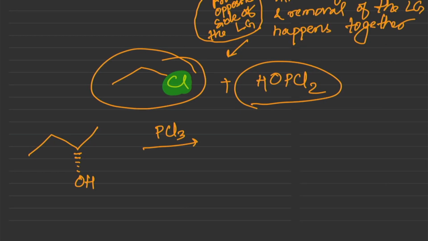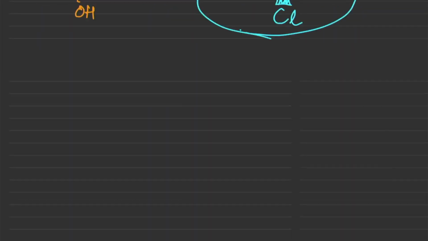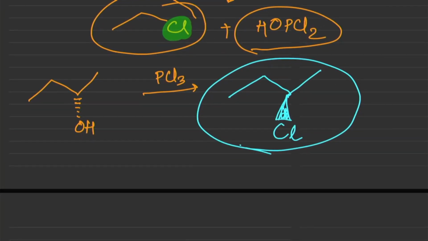So now we're going to have our product where the chlorine is approaching from the top and the leaving group has gone away. So that's your answer, where chlorine is pointing to the top. If you notice, for visualization, there is a hydrogen that we don't see right there. That hydrogen will be pushed downwards, so both of them switch in the next step. So you don't need to show the hydrogens.